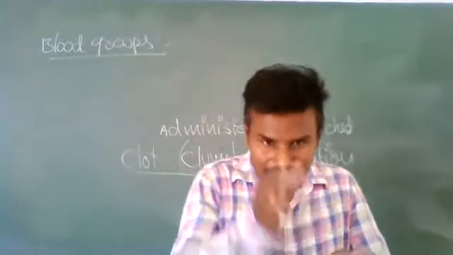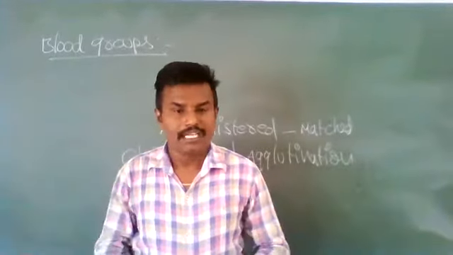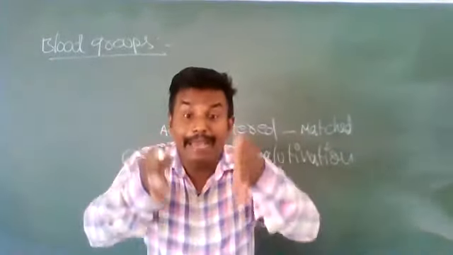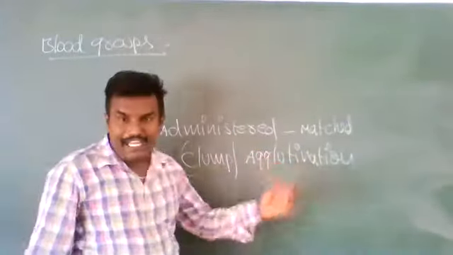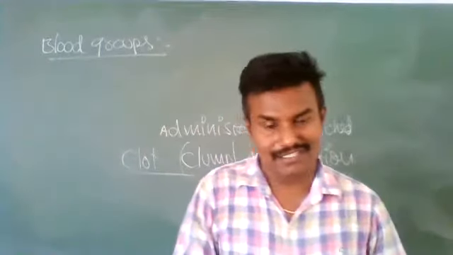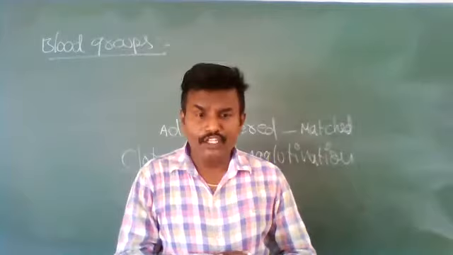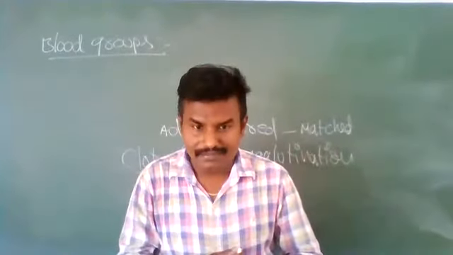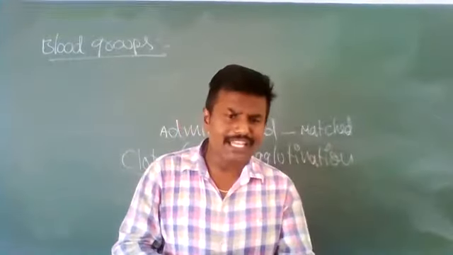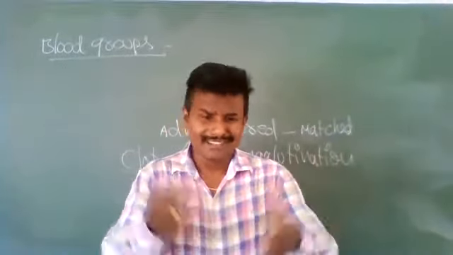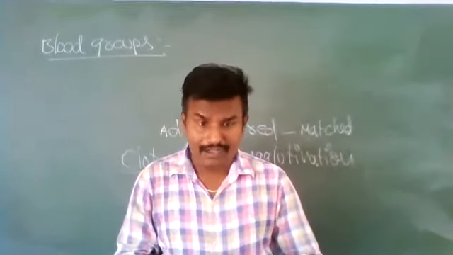Blood of one person is transferred to another person if both the members' blood groups are matched. In such cases, clot or clump or agglutination does not happen. You might have seen blood being given to accident victims, or before or after surgery.